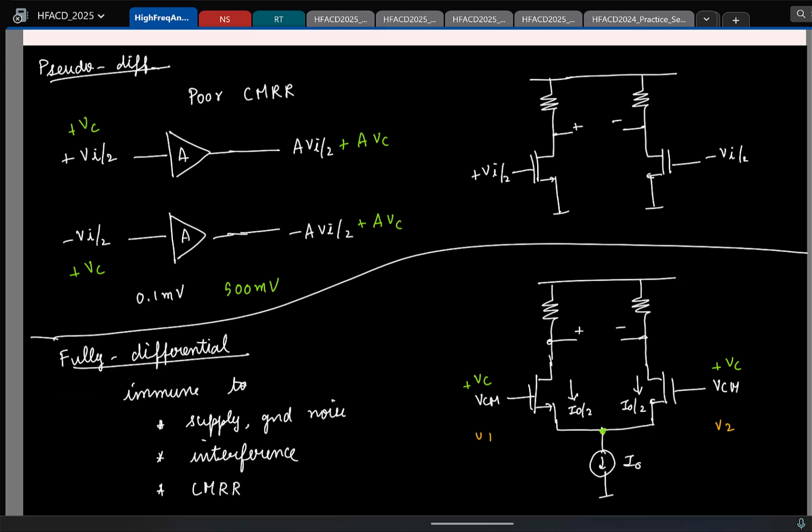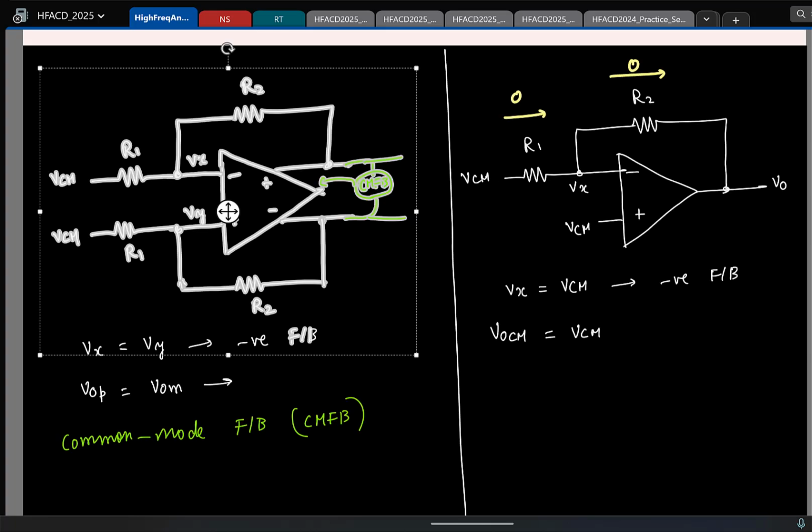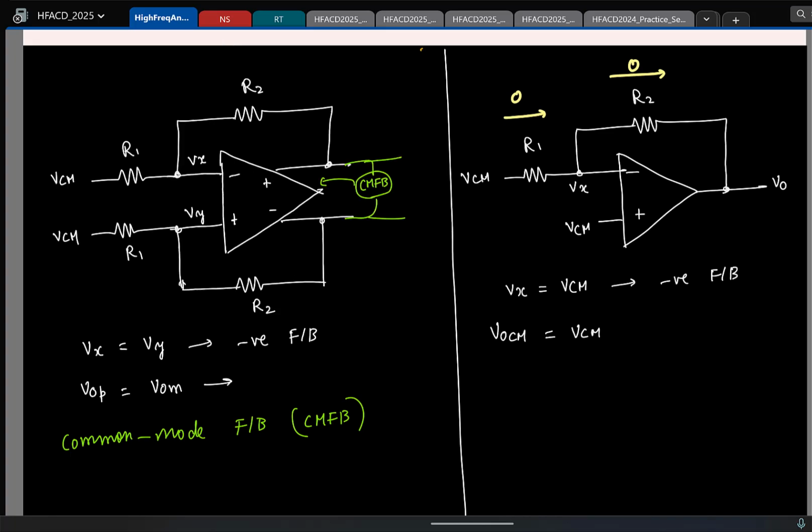The moment you have fully differential structures, there is a high possibility that the output common mode will not be set. Which means in addition to having feedback for differential mode signals, you also need a feedback loop for common mode signals that sets the output common mode. And that is the common mode feedback. Okay. So I'll stop here and then we'll continue.